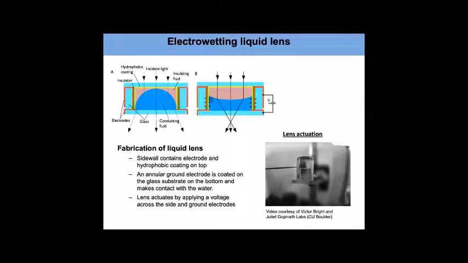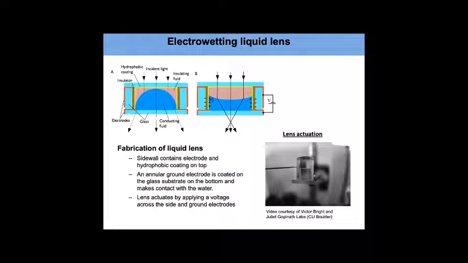You can use this electrowetting technique to make your own liquid tunable lens. This is done in the lab of Victor Bright and Juliet Gopinath up at CU Boulder. They take a capillary, coat it with a conductive layer and an insulating layer, and put two immiscible liquids inside, like water and oil.